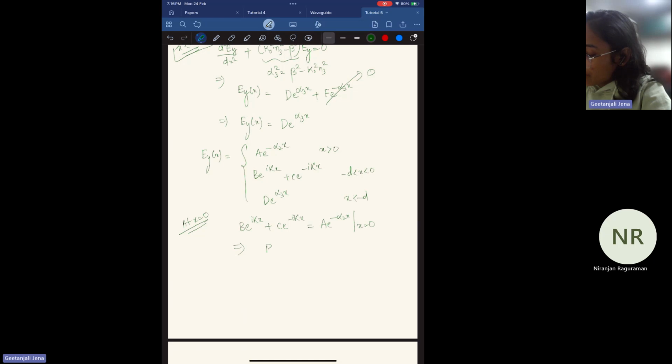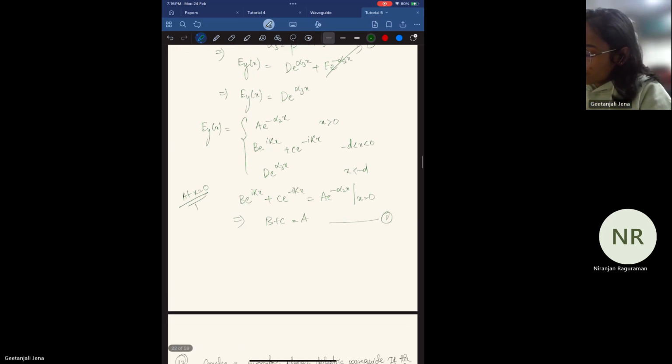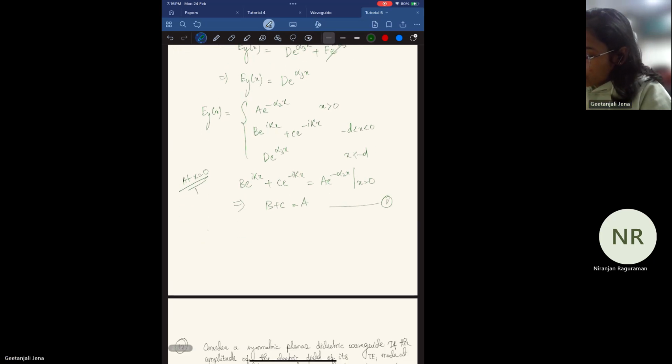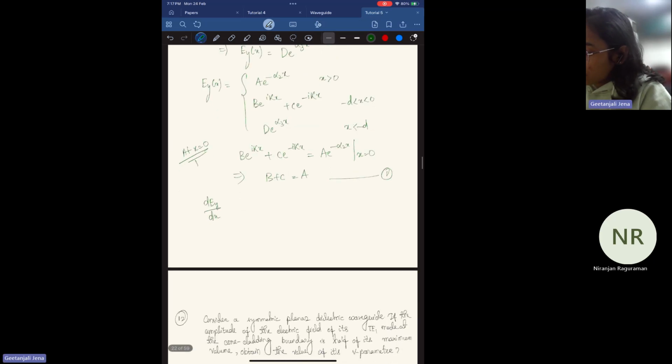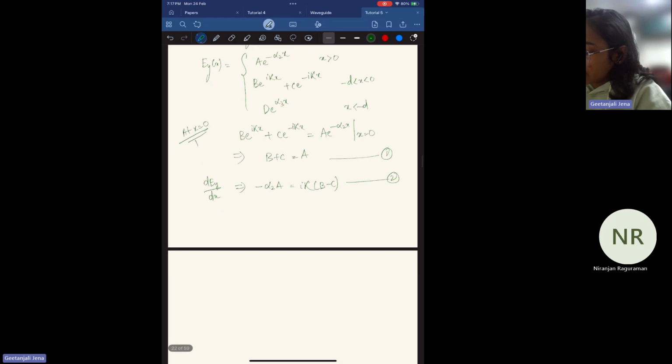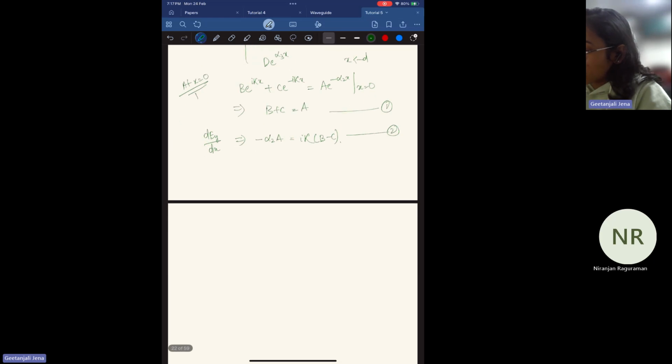So this gives b plus c equal to a. So we got equation 1. Another is to equate the derivative, dy by dx. If you calculate it, you will get minus alpha 2 a equal to i kappa times b minus c. Just use the field equation to get the derivative, and you will get this relation.